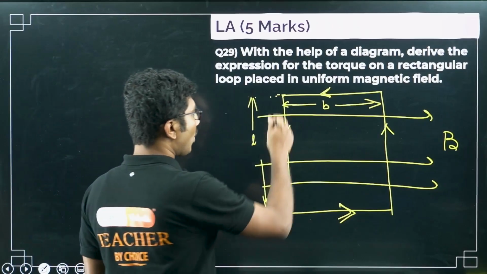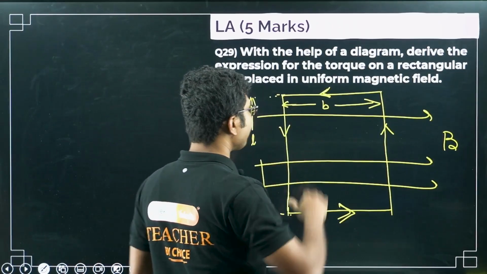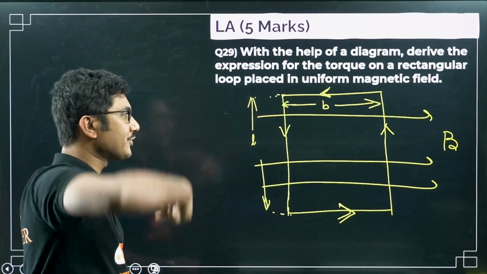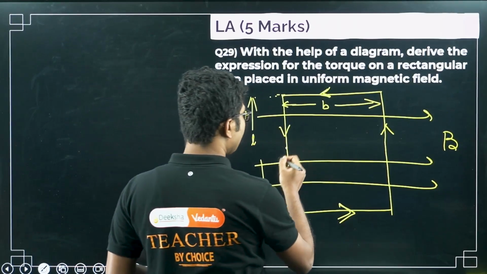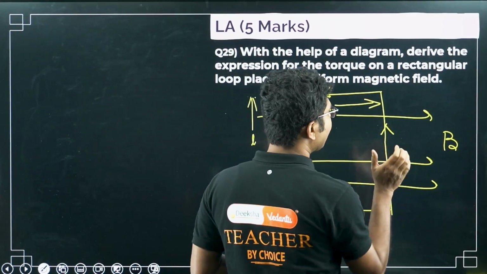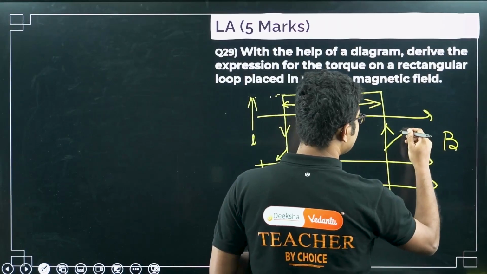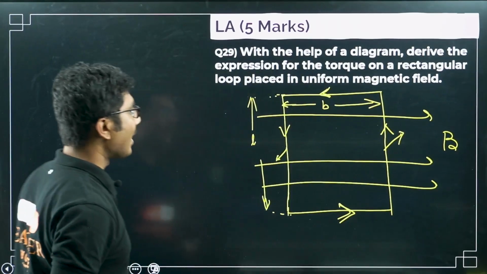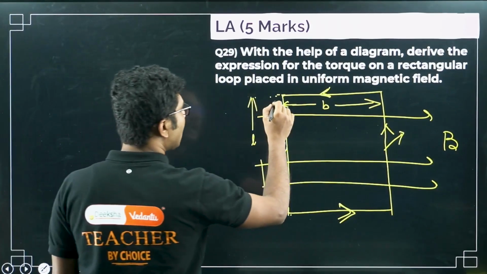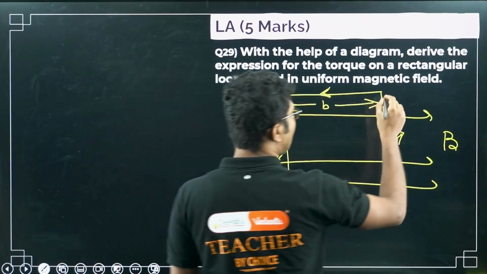Now one arm will experience a force in this direction, and the other arm will experience a force in the opposite direction. What is the magnitude of force? Suppose this is arm 1, this is arm 2.